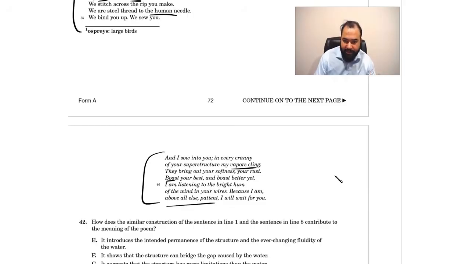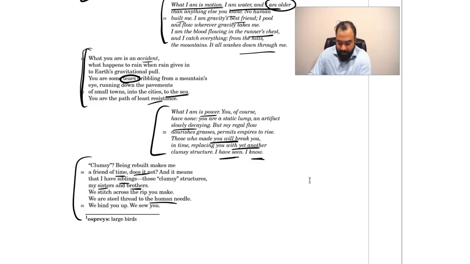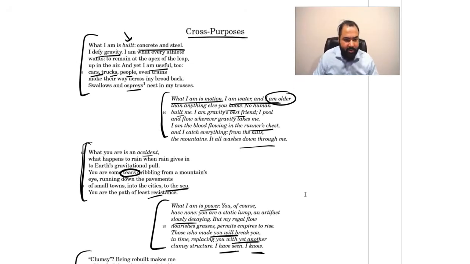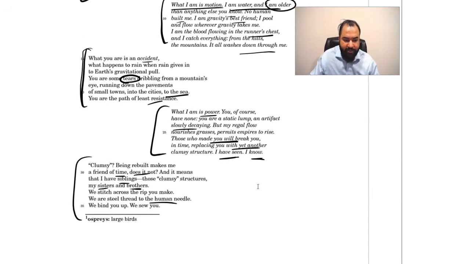I am patience. Patient means I will be here forever, and one time you will not. So I will wait for you. This is the sense of age that water has. As you can understand from the poem, water and concrete and steel are having an argument about who is better, with a sense of pride, and they gave different reasons.